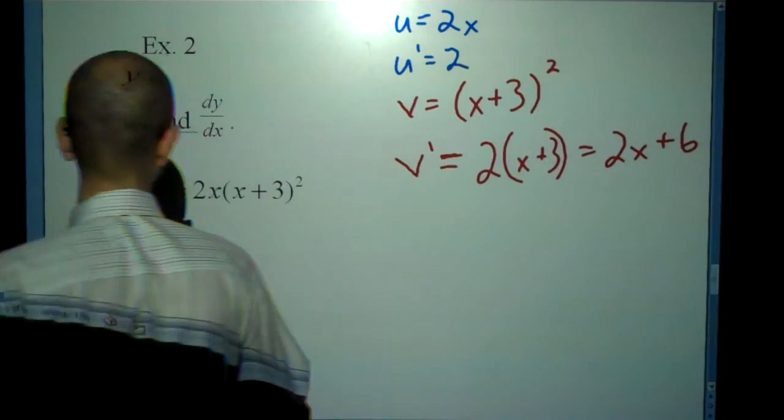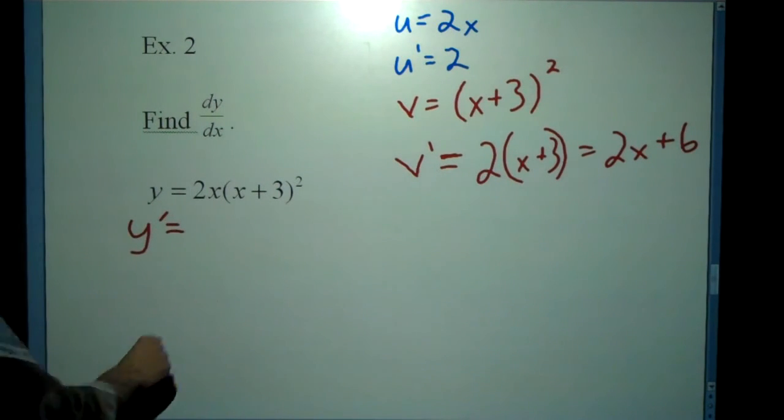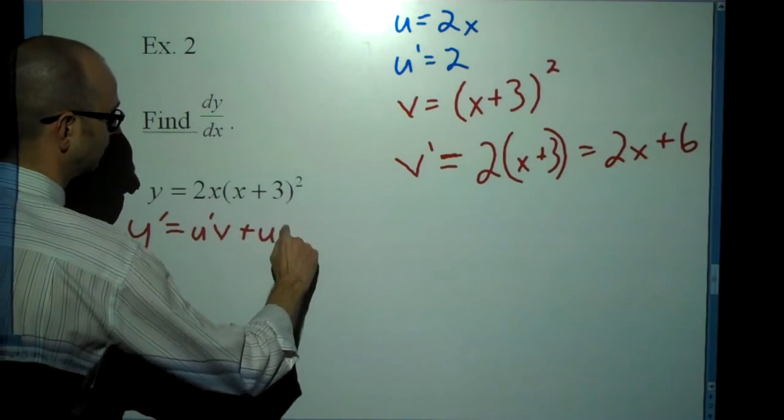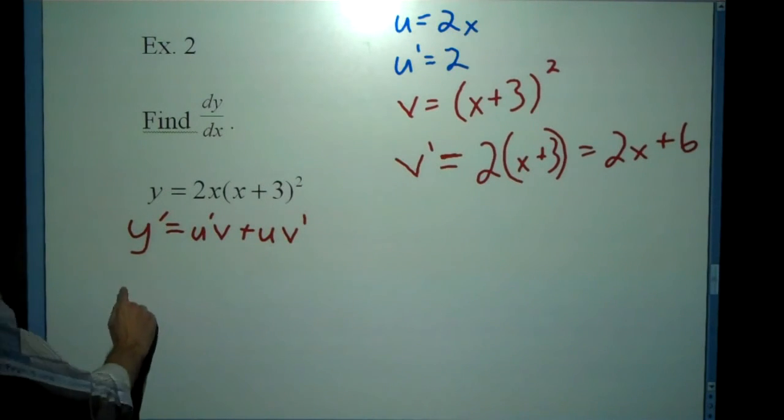Alright, now we know that the product rule says the derivative of y is going to be equal to u prime times v plus u times v prime. Again, this is in your formula packet, it just looks a little bit different, but it's not a hard one to memorize. So let's just start plugging in.